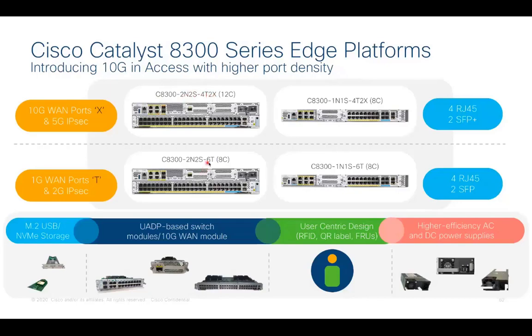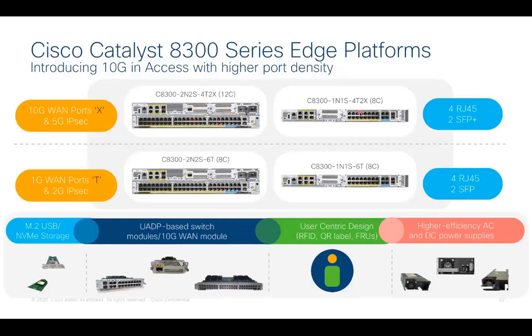Similarly, on a 6T platform here as an example, we support 6 1 gig ports on this 2RU 1 gig platform. And we have 1 gig and 10 gig offerings on both 2RU and 1RU platforms. As I mentioned earlier, on the 2RU platform we support 2 NIM slots, 2 SM slots, and 1 dedicated PIM slot.